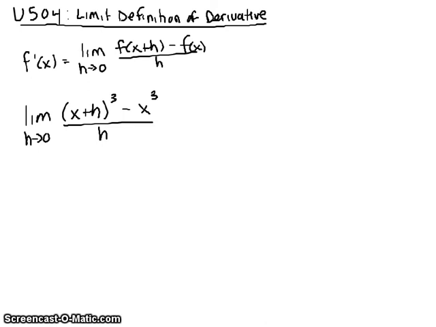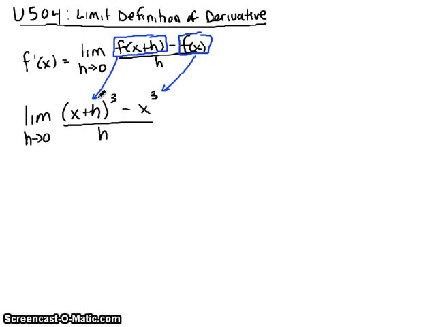But if we go back to our limit definition, we have f of x plus h, which means I plug x plus h in for my variable, minus f of x. So if we look, f of x could be x to the third, which means if I plug x plus h in, I would get (x plus h) to the third.